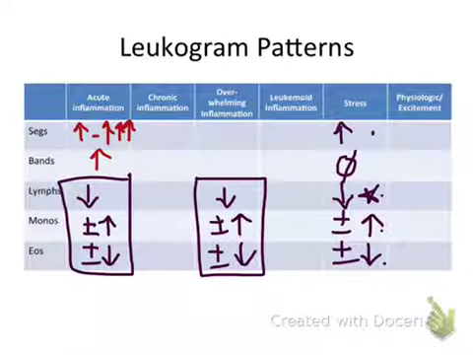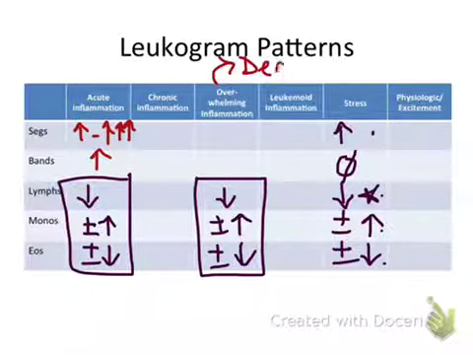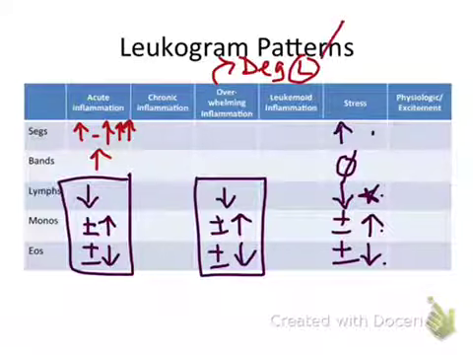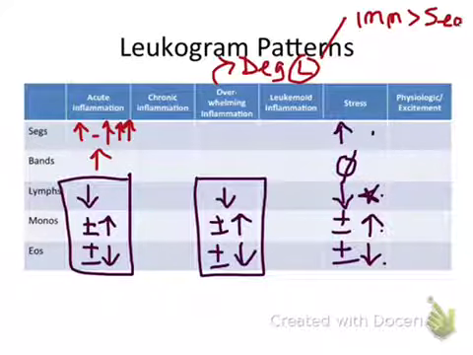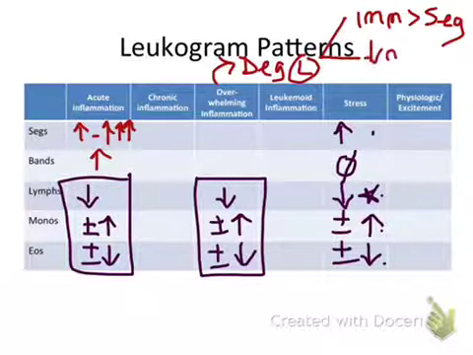An overwhelming inflammatory leukogram, that's when we see a degenerative left shift. So a left shift where the number of immature neutrophils outnumber the segs. Or there's a neutropenia with a left shift.